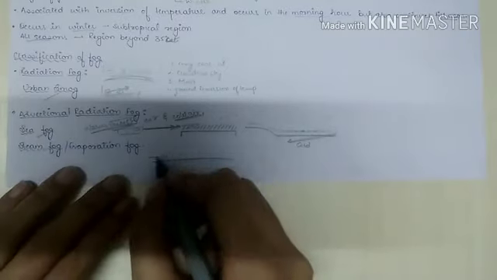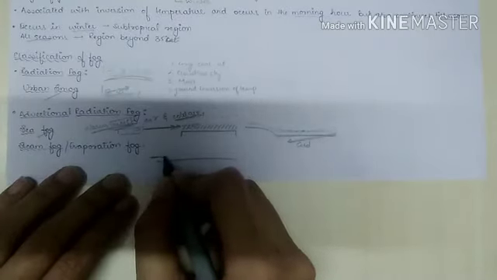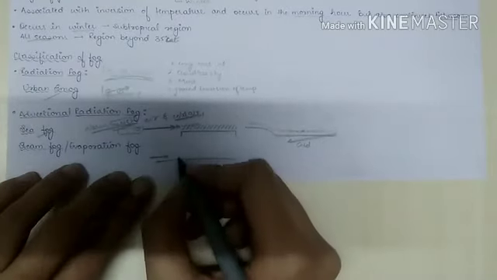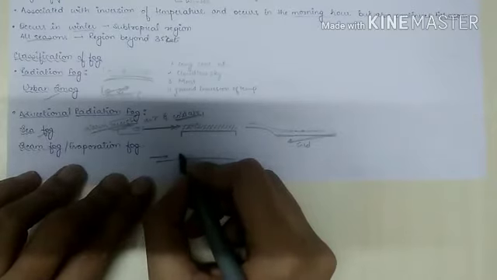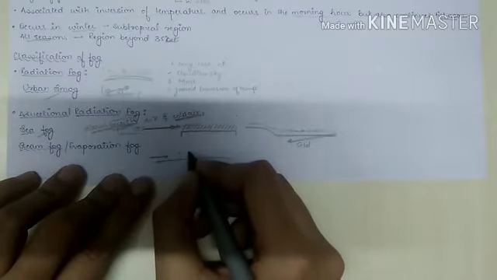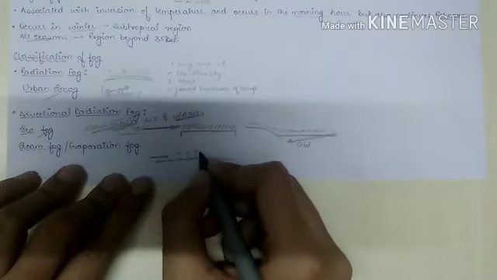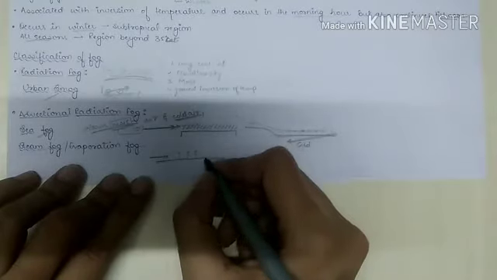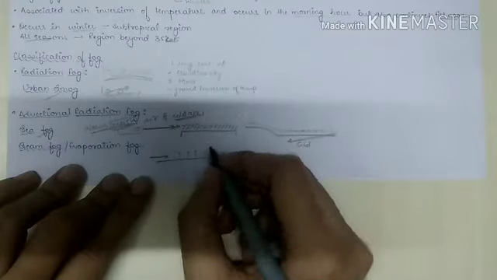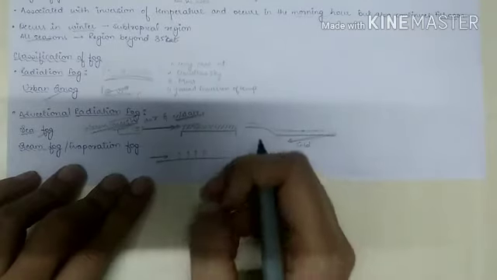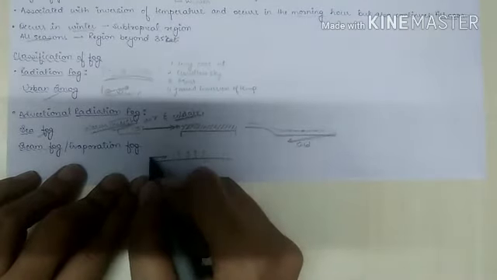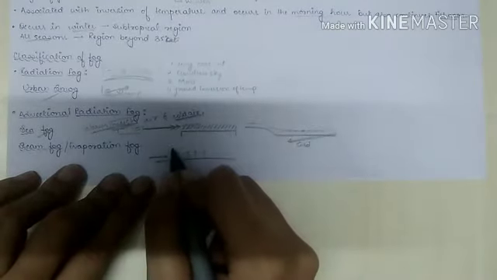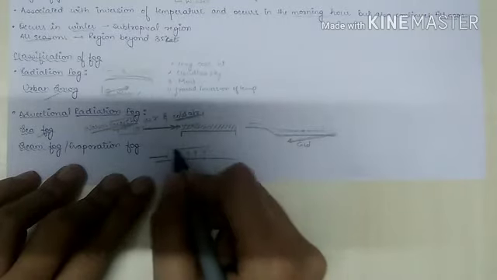Now as this cool air comes over this warm sea, there is quite a large amount of evaporation, and there is a large quantity of moisture in the water surface so that it can saturate the overlying cold air.